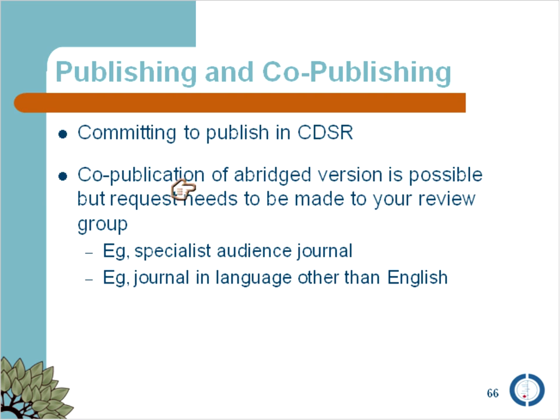It would be an abridged version, but it's certainly work that needs to be coordinated. It can't just be an afterthought, oh, maybe I should also publish in this journal and just go ahead. It's something that the publisher of that second journal has to be aware that they're entering a co-publishing agreement with Wiley to do this, that all of the information is coordinated by your review group, etc.